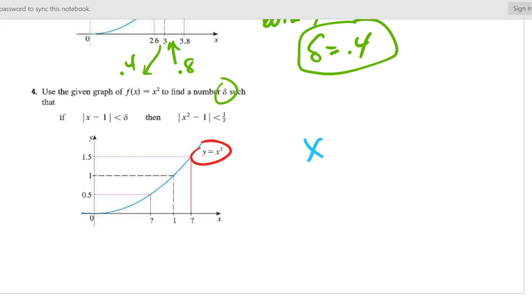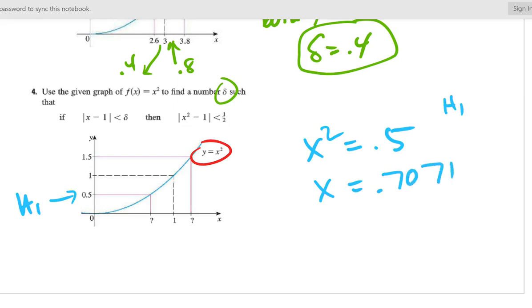So x squared is equal to 0.5 on the bottom. So this is the lower one. Let me call that h1. So for h1, we have x squared equals 0.5, so x equals 0.707.